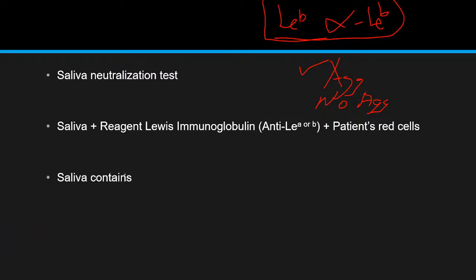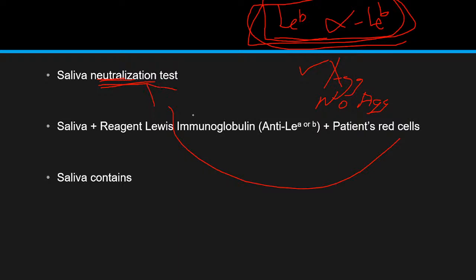Alright. So, this one contains the antigen and antibody. They will react with each other. Hence the term neutralization. When you add the patient's red cells, if the patient has the same antigens, if the patient's secretion is in here and the antigens are also in here, they will not react.